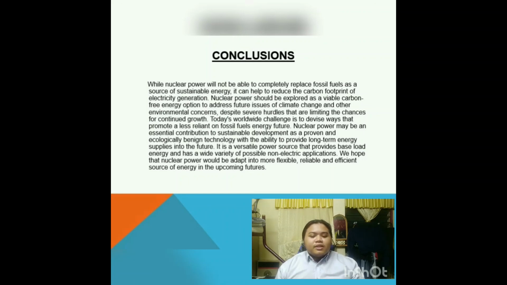It is a versatile power source that provides base load energy and has a wide variety of possible non-electricity applications. We hope that nuclear power will be adapted into a more flexible, reliable, and efficient source of energy in the upcoming future.